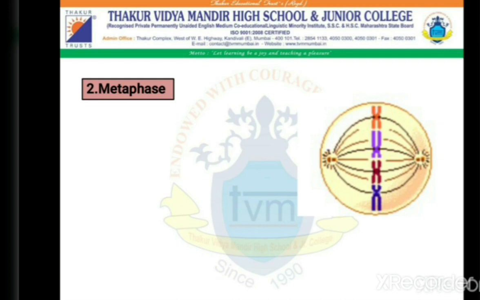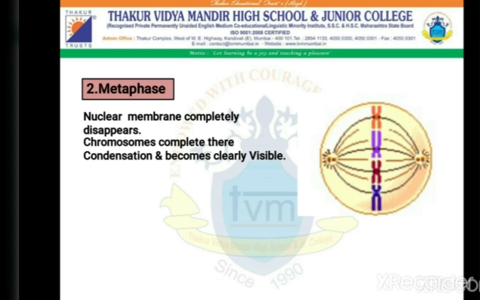In metaphase, the nuclear membrane completely disappears. The nuclear membrane which started disappearing in the prophase has completely disappeared here. The chromosomes complete their condensation and become clearly visible.